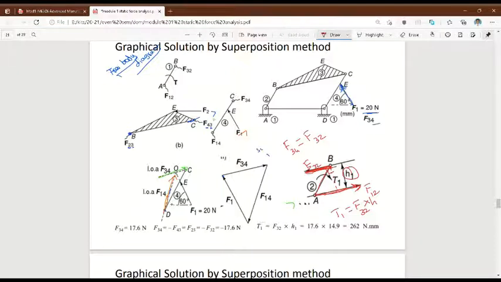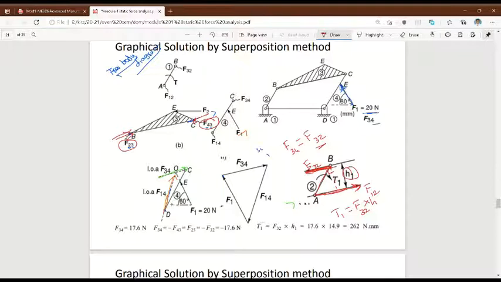See, this F34 and F23, they are equal but they are acting in opposite sides. Instead of writing F23, we can write F32. So that F32 has been drawn here.